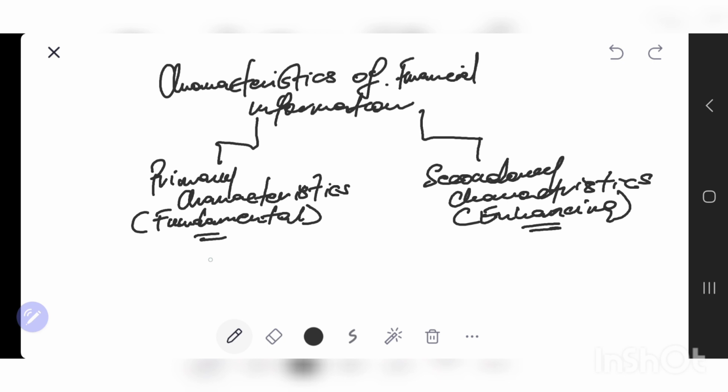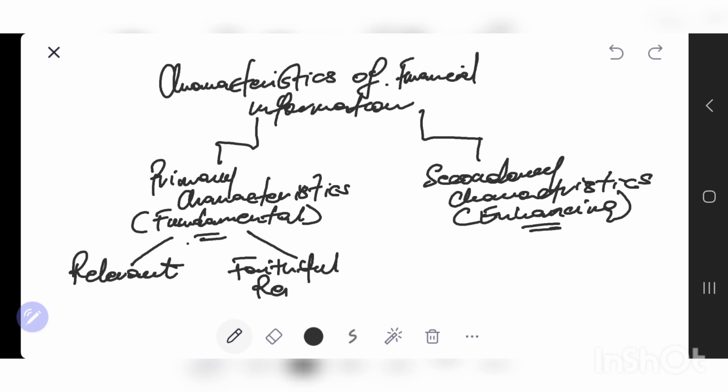So the primary characteristics: the information needs to be what? It needs to be relevant. There's only two primary characteristics, and that the information needs to faithfully represent the operations of the business.